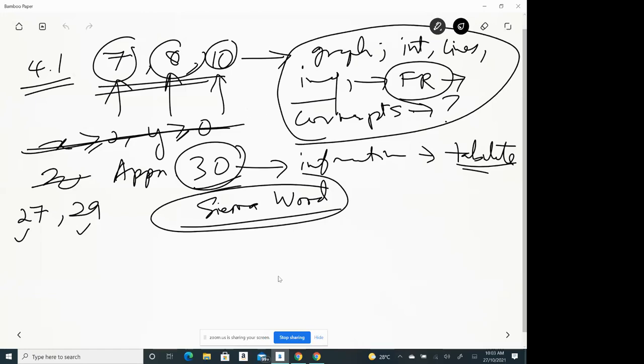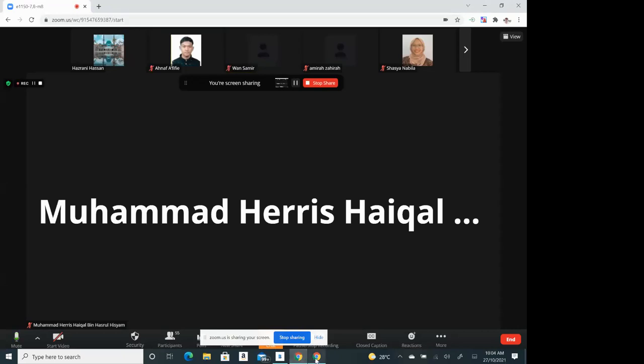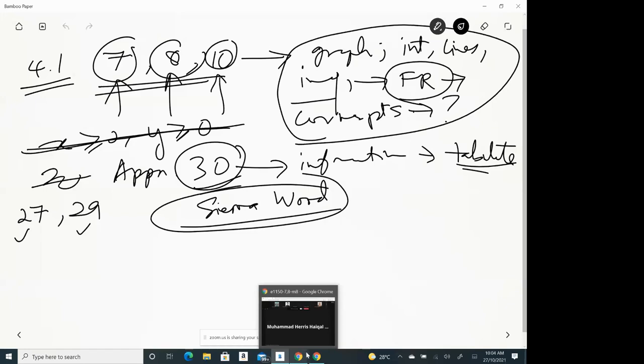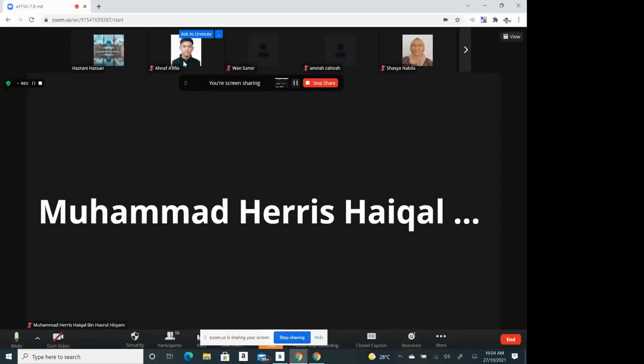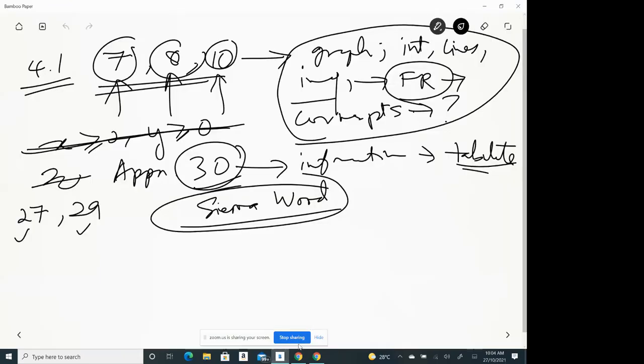Can you see the notes? Yes. Usually when I share screen, I can still see this one, but this time it is a bit different. When I share screen, nothing shows. Before, when I shared screen, that thing was there. All right, never mind. Okay, we continue.